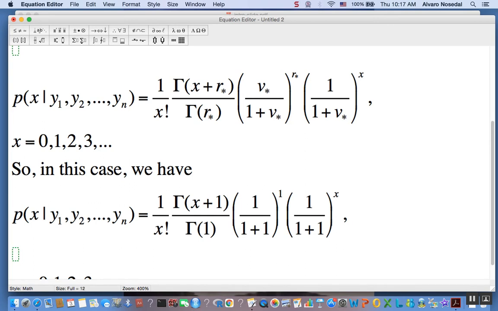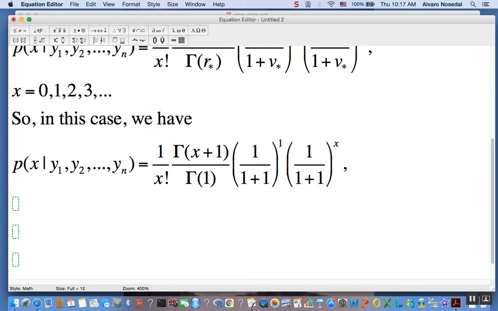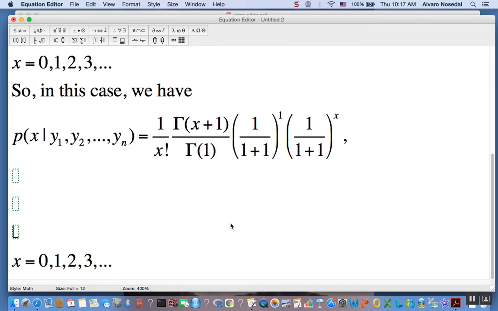So what we have here can be further simplified, right? Let me keep the support. Remember that since x goes from 0 up to infinity and x assumes only integer values, x plus 1 is going to be a positive integer, right?